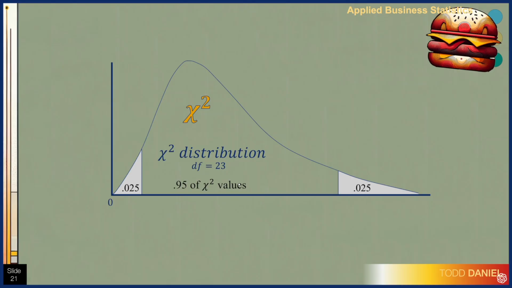What I would do is keep 95% of the scores in that distribution in the middle and create two cutoff scores, one in the upper tail and one in the lower tail, that will correspond to some value on this number line, which will give me the lower confidence interval and the upper confidence interval.